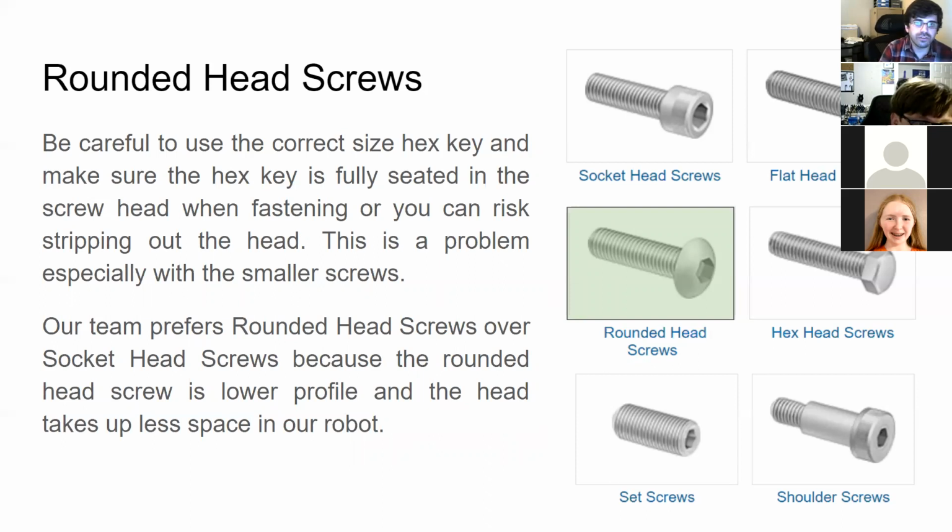It becomes more of a problem the smaller you go. So smaller screws, smaller tools, closer to being round to begin with. You'll notice that for all of the FTC stuff with those small M3 screws, you don't see any of these round-headed screws. They're either socket head or hex head for that reason.